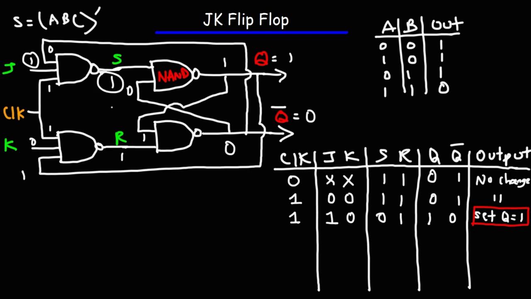So both S and R are 1, and when that happens, there's no change in the output. So the first time we press J, we set Q to 1. If we release it, Q is going to remain at 1. If we press J again, Q stays at 1. So once you press it the first time, if you release, press, it's not going to change the output. The output is now locked into the state.